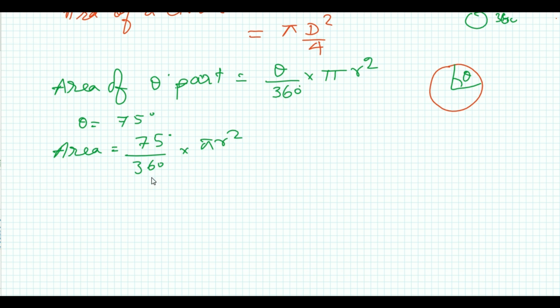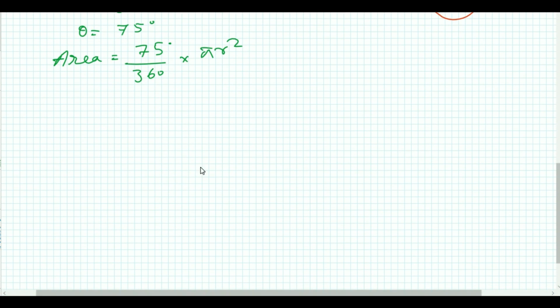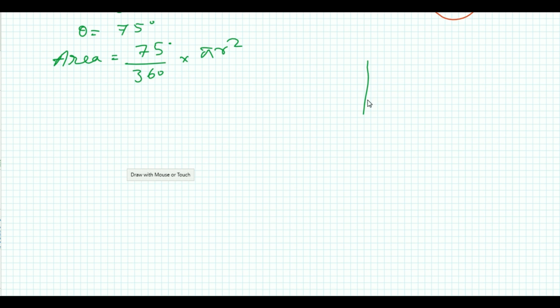Next, I am coming to the more critical sums related to the circle. Suppose this is a square and a circle is drawn just touching the square, and you are asked to find the area of this portion. So what will you do?